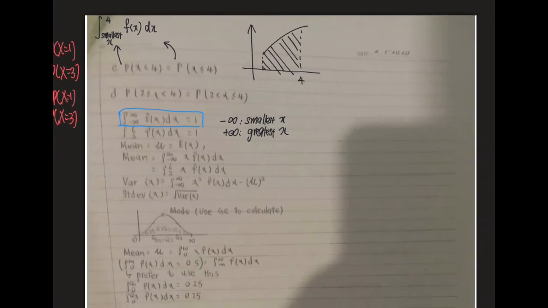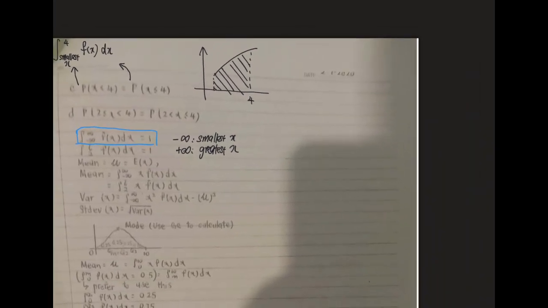So let's say one example. Let's say they give f(x) equal to ax for x from 2 to 4, and 0 otherwise.